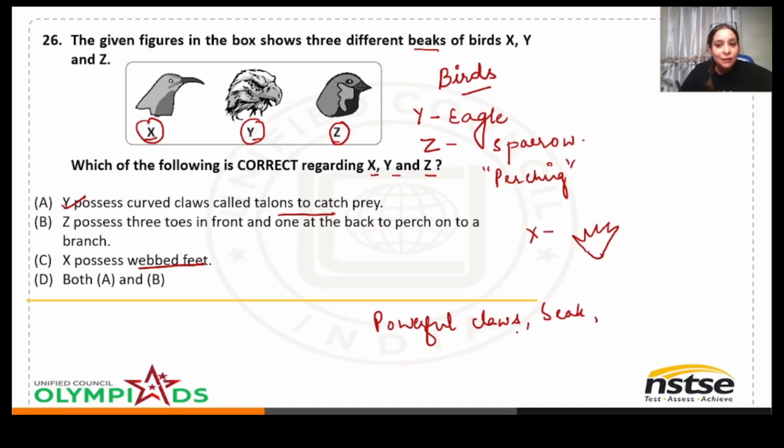So that is why we say that whatever is said here is true, because when the eagle flies, these claws are called talons, and they actually help it to catch prey.